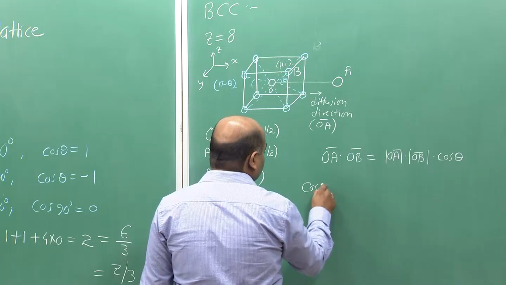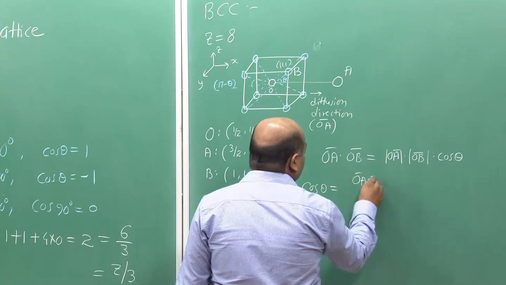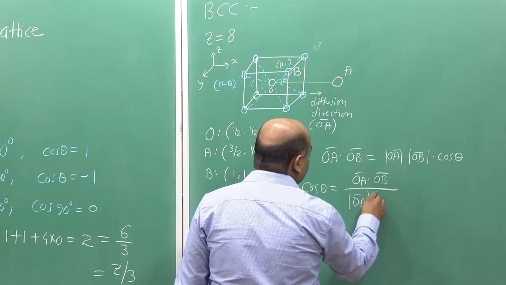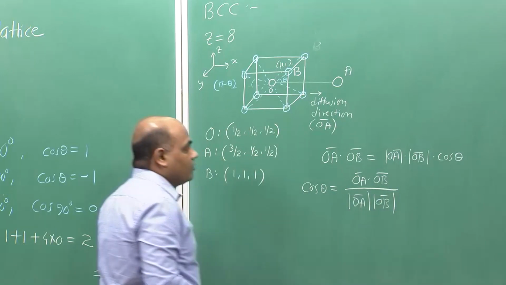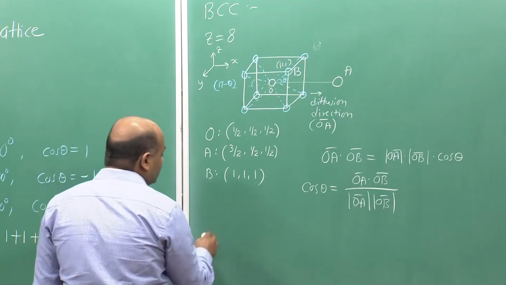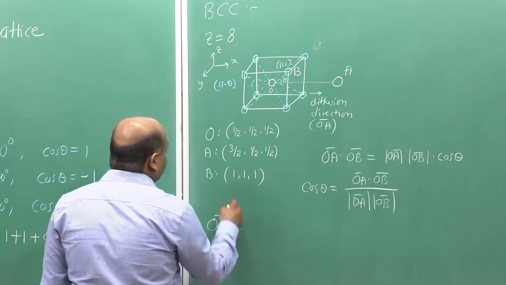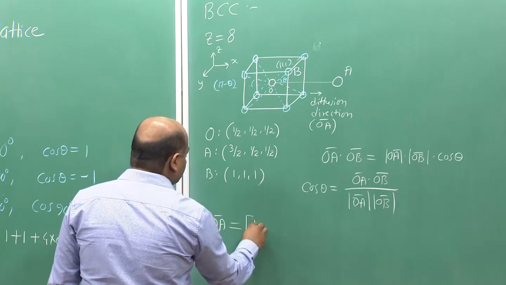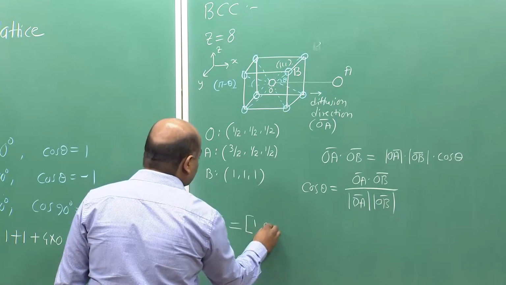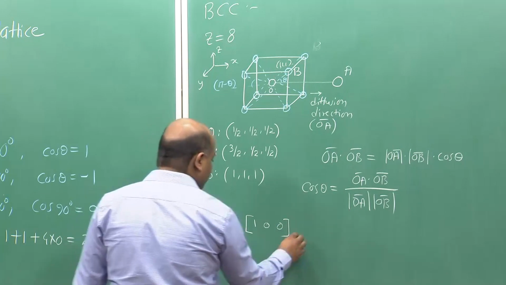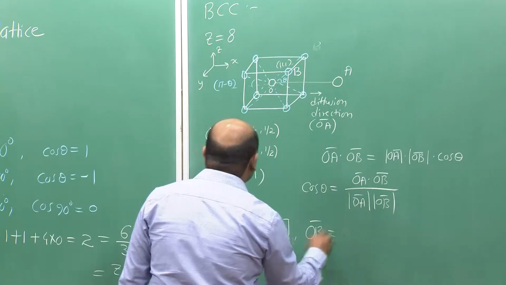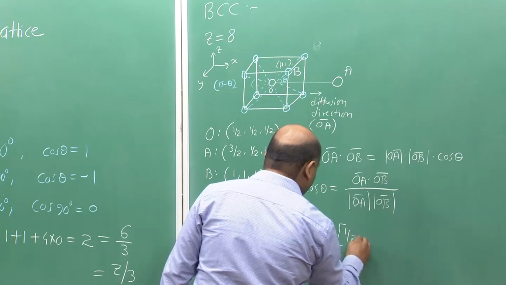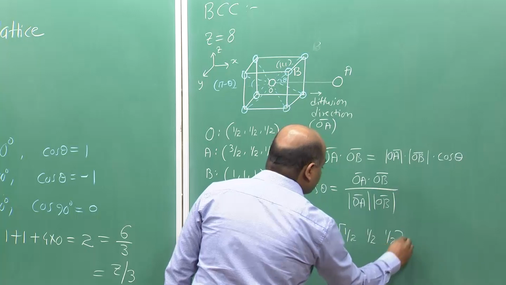So, cos theta is equal to OA bar dot OB bar divided by magnitude of OA bar times magnitude of OB bar. Let us see what OA bar is now. OA bar is 3 by 2 minus half, which is 1, half minus half, 0, 0, and OB bar is 1 minus half, 1 minus half, 1 minus half, which is half, half, half.